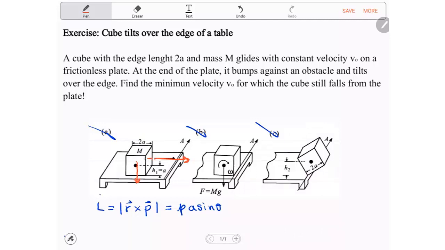That angle is a right angle, so theta is 90 degrees, sine of theta is equal to 1, and this is equal to pa.